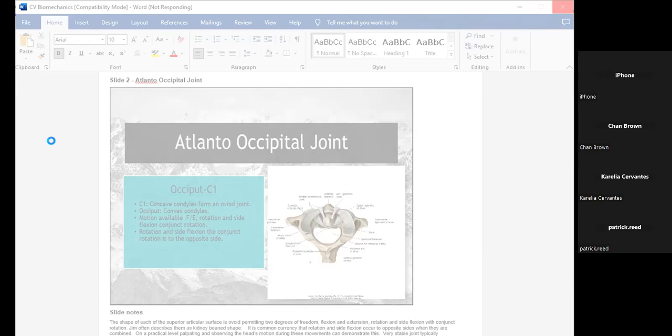So let's say Chan now takes them back into what we would think of as the chin tuck position. Coming back into the chin tuck position, at the atlanto-occipital joint the occiput is going to glide posteriorly on the C1 facet joint. This is one where we're probably going to find more restrictions in this direction.